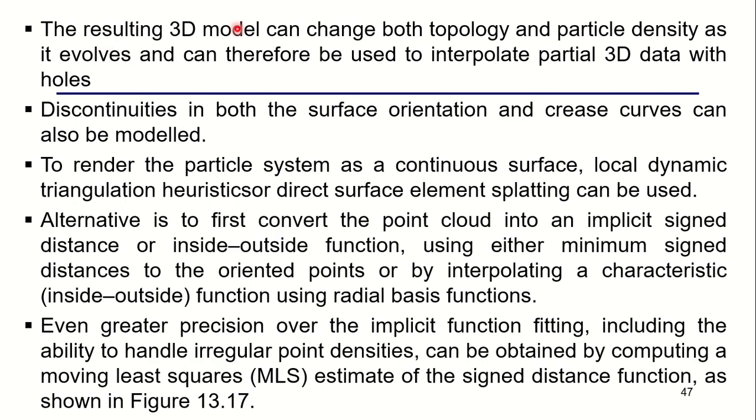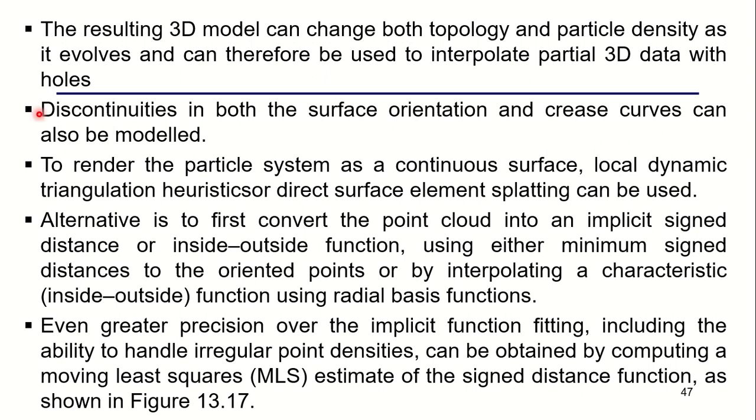The resulting 3D model can change both the topology and particle density as it evolves and can therefore be used to interpolate partial 3D data with holes. Discontinuities in both the surface orientation and crease curves can also be modeled.